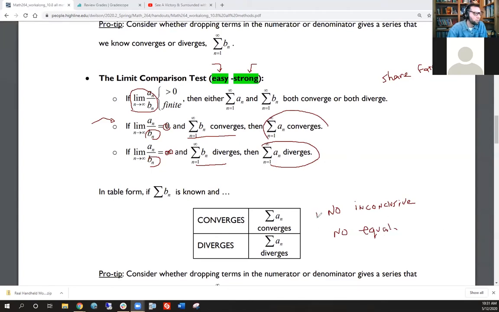So I recommend you try the limit comparison test anywhere you're tempted to use the comparison test. Anytime you think, oh, I should try a comparison test, slap yourself on the face. No, I should try the limit comparison test, because it will probably work just as well and perhaps save me some pain and anguish. Questions about the limit comparison test?